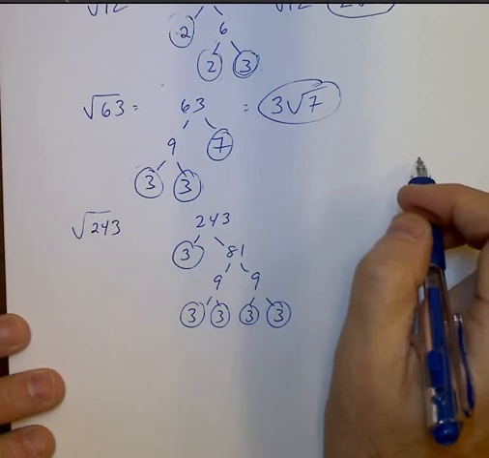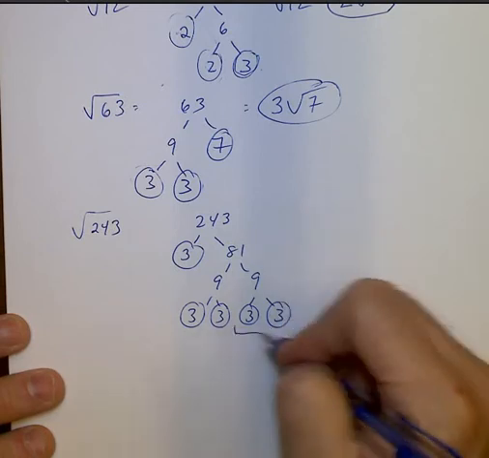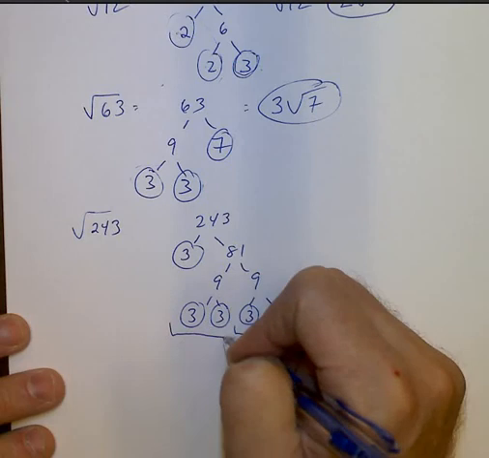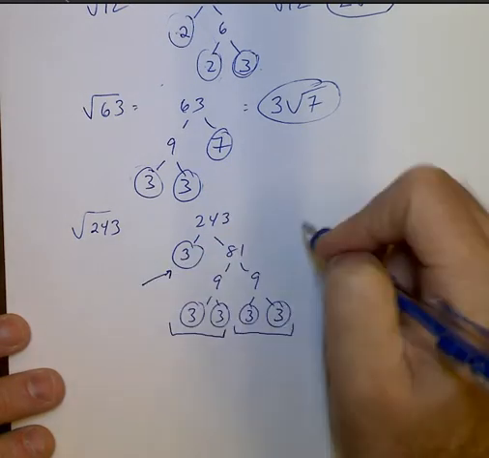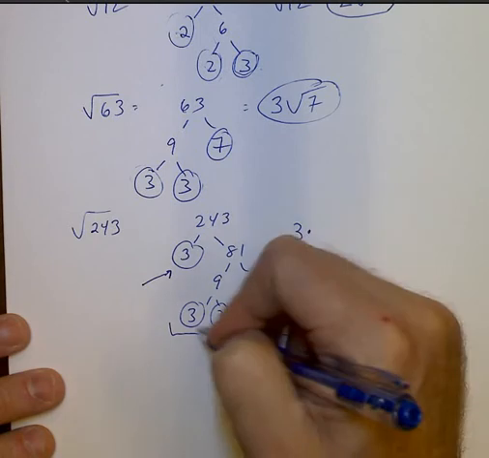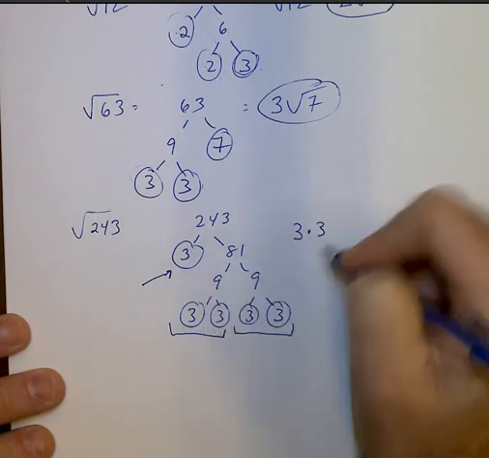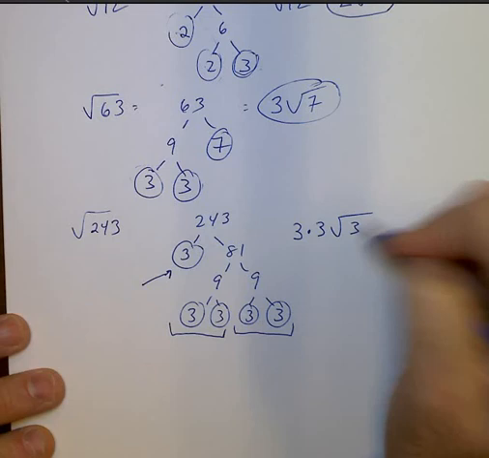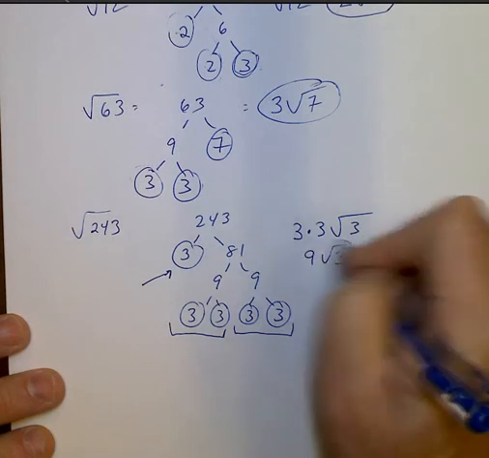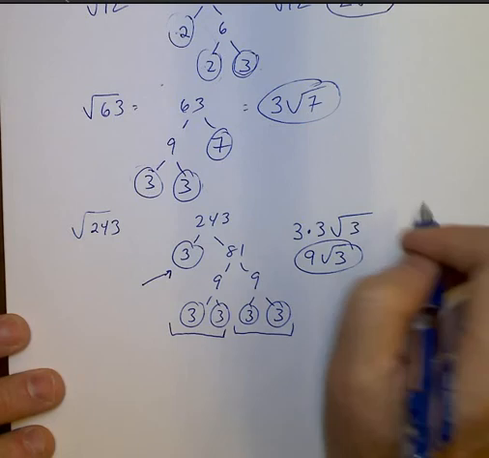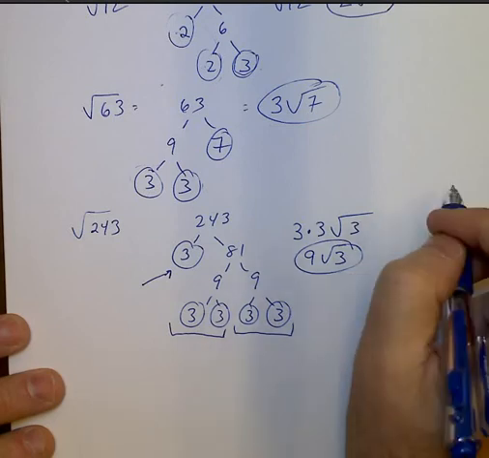Now, do I have pairs? Well, I got a pair right here, I got another pair right here, and I have an orphan right here. So this pair of friends gets to come out, this pair of friends gets to come out, and this 3 is an orphan and stays home. Now, what you can do is multiply 3 times 3. Every pair that comes out, before you're done, you can multiply those guys together.